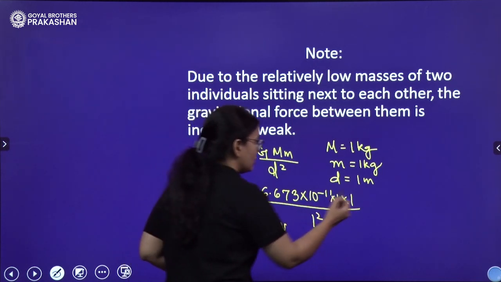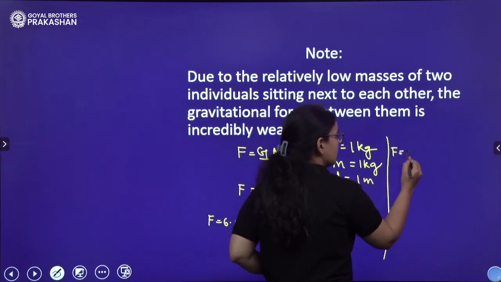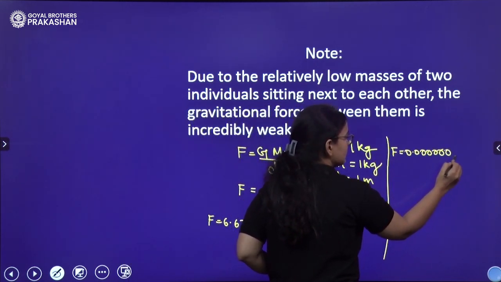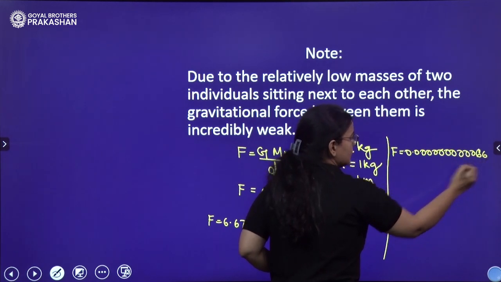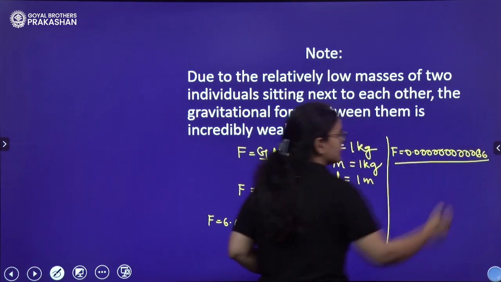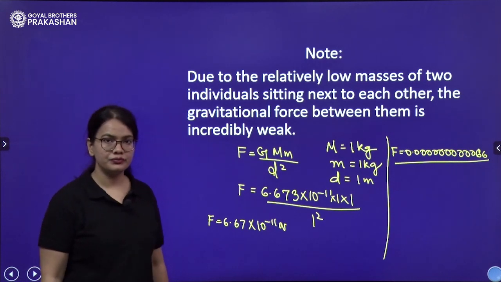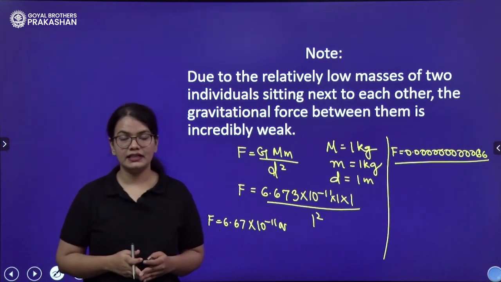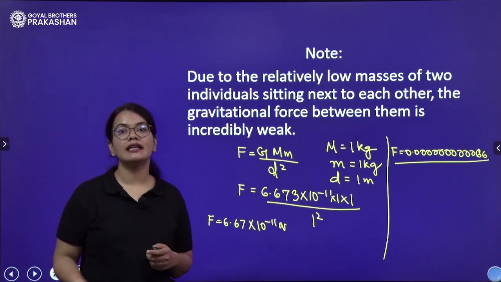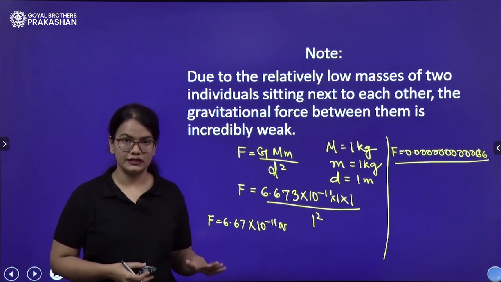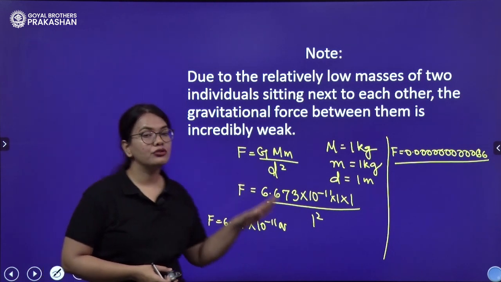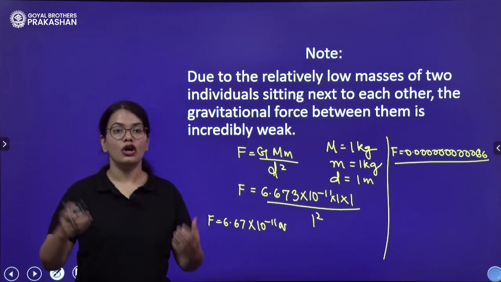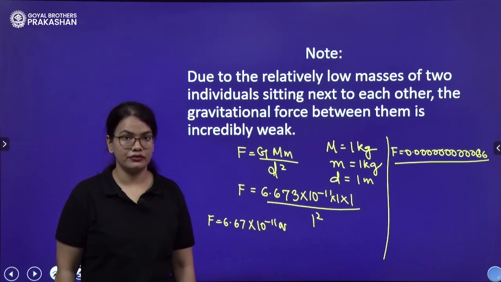This is so small. Look. This is the magnitude of force. Can we take it to be 0? So, the force between your study table and the bed is approximately coming out to be 0, although it is not 0. Okay. That is why you do not see the effect of gravitational force on the objects that are lying in front of you.